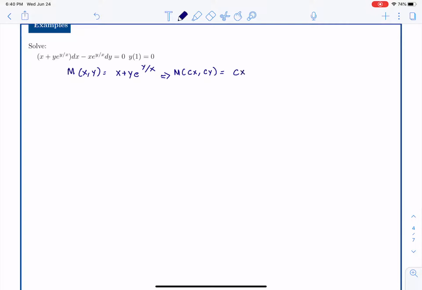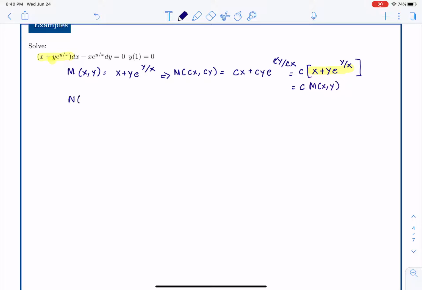I have cx plus cy e raised cy over cx. The c's would get cancelled. We have a common c. I have x plus y e raised y over x. So that is just M. So we have M of x comma y equal to c times M of x comma y. So M is homogeneous.